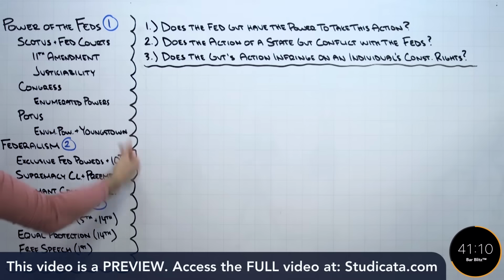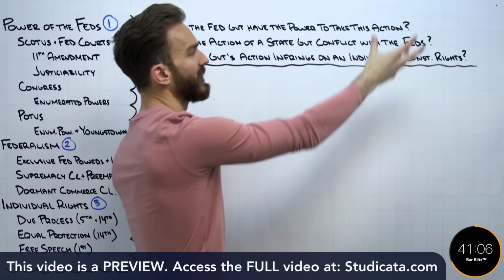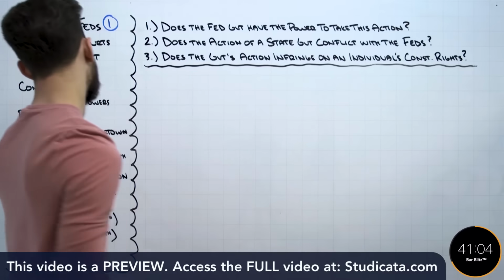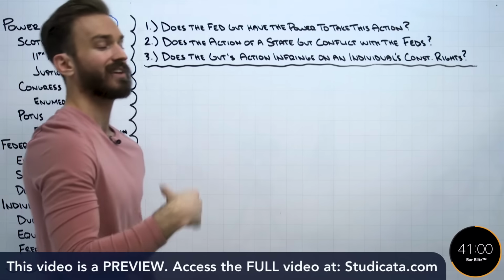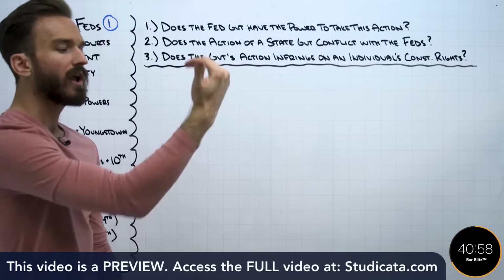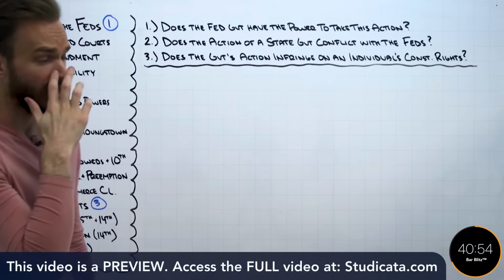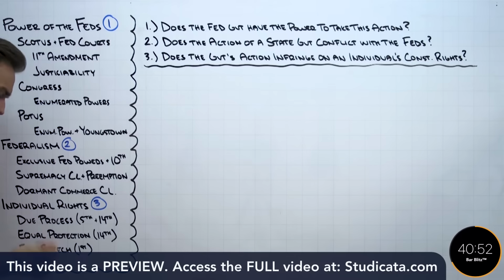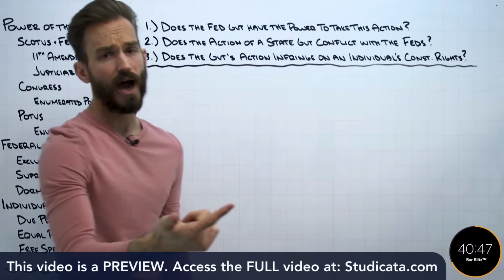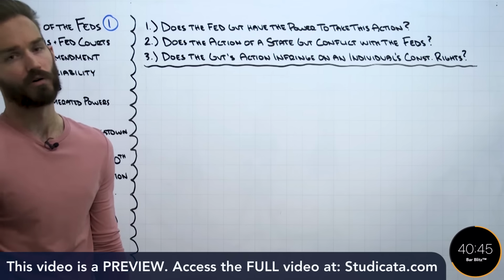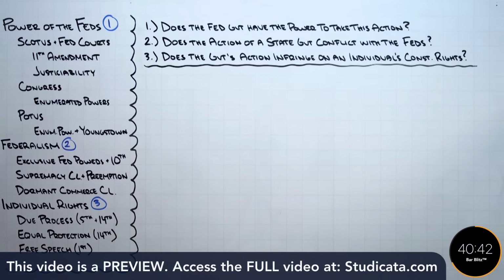Anytime you see that, you're going to want to ask, does Congress have the power to take this action, to pass this law? The question is, under Article 1, Section 8, what enumerated power are they relying on to enact this law? The big ones we're going to be thinking about, especially on the bar exam, are the taxing power, the spending power, and the commerce power, the power to regulate interstate and foreign commerce.